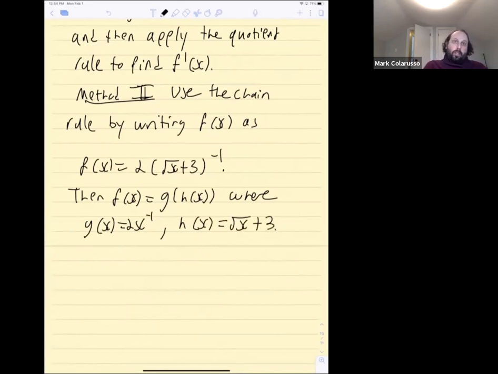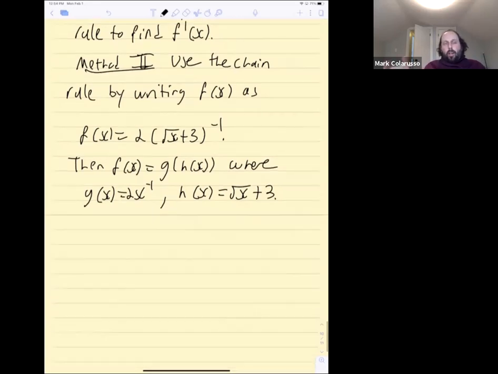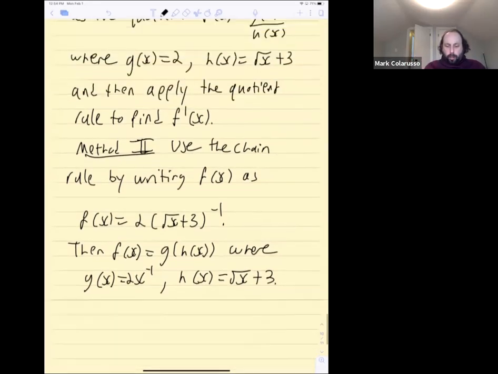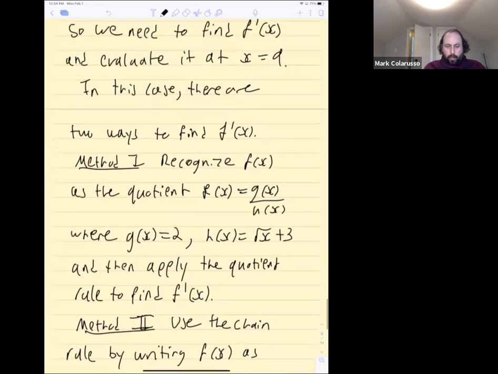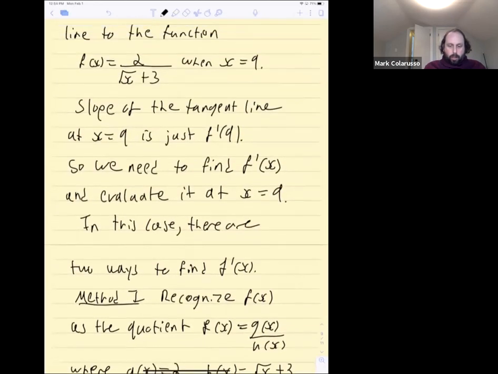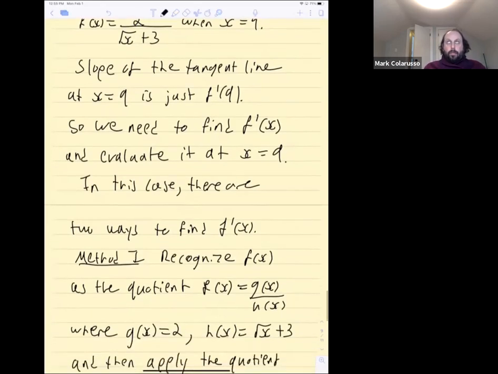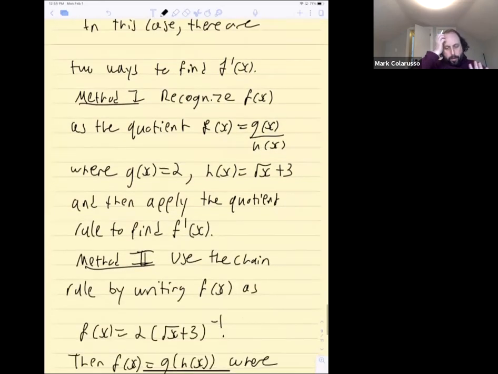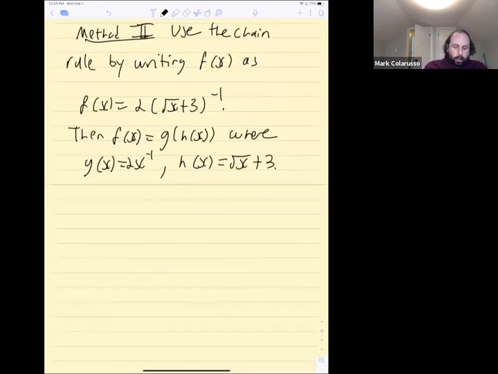That's what I'll do today, because I don't like using the quotient rule if possible, and we're practicing the chain rule. If there had been a non-constant function in the numerator, like a 2x instead of a 2, then you'd have to use the quotient rule. But in this case, we can get away with it.